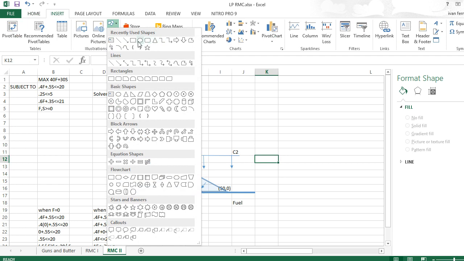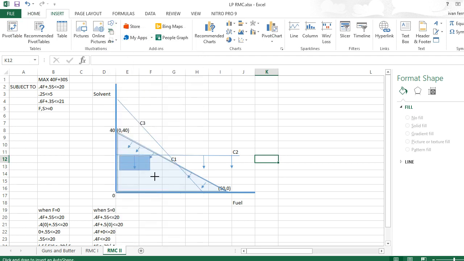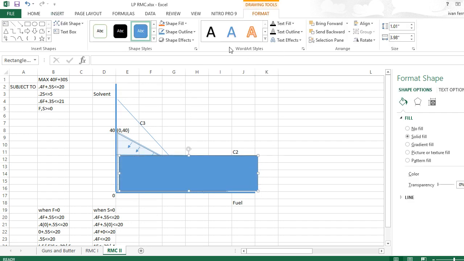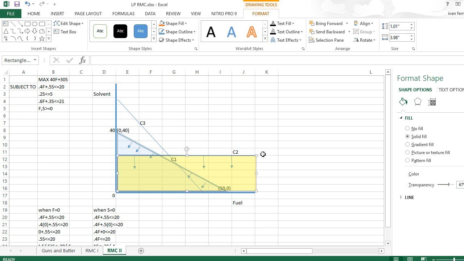Let's shade the area, and I'm gonna pick a different color so we can see what happens later. So I'm gonna make it yellow.